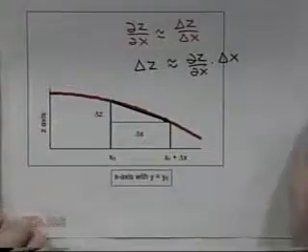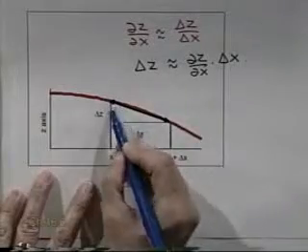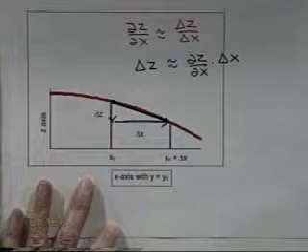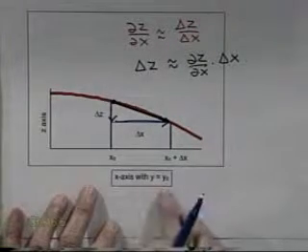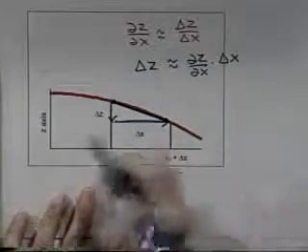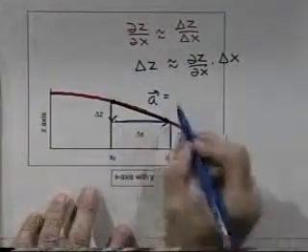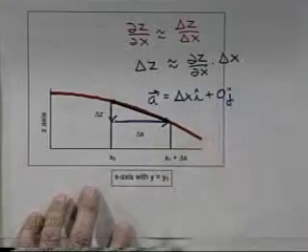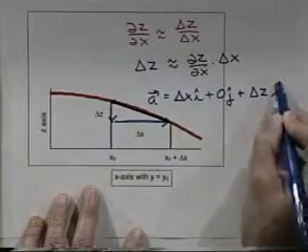Look at this lovely vector I have right here. This vector has a z component and an x component. And what's its y component? Zero, because y is not changing. Y is fixed at y naught. So this vector, which I'll call A, is equal to its x component, delta x times i, its y component, 0 times j, and its z component, plus delta z times k.